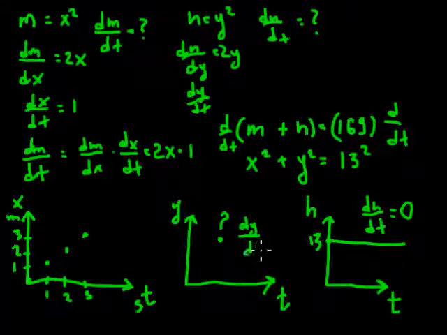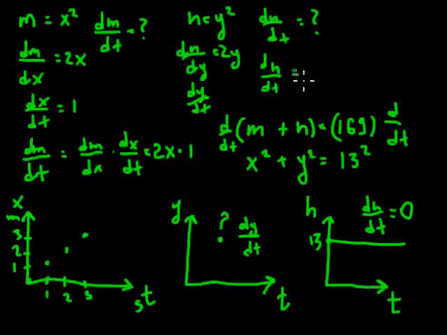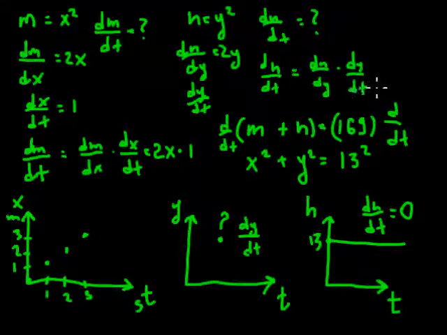So we just leave it as dy/dt, and using the chain rule, we find that dn/dt equals dn/dy times dy/dt, and dn/dy is 2y, times dy/dt. We do not know dy/dt, so we just write times dy/dt.